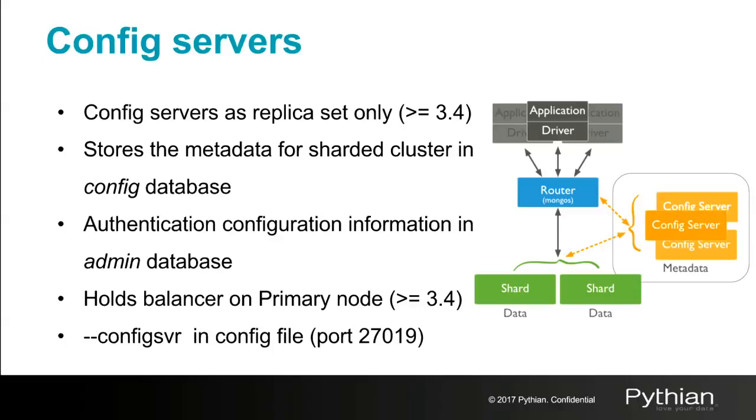Other than the metadata for a sharded cluster, the config servers also store the authentication configuration, and that's stored in a separate database called the admin database. One important change starting from MongoDB 3.4 is that the balancer that is balancing the chunks in a sharded cluster now resides on the config server primary node, and the config servers by default will run on port 27019.